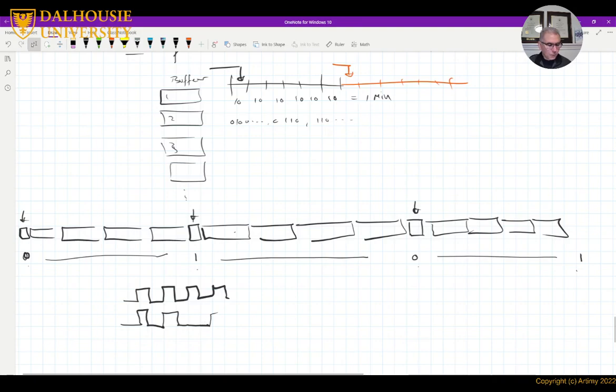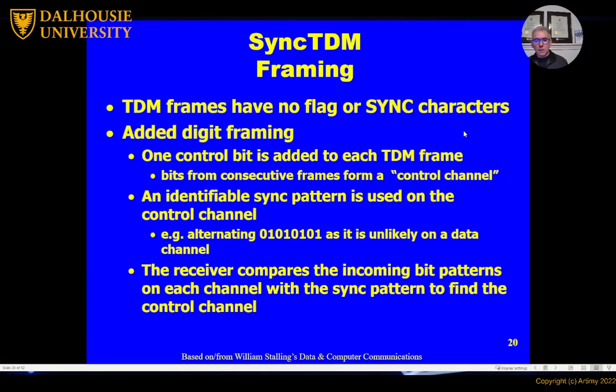Now, how it goes back to resync, we're not going to talk about that, but this is the idea.